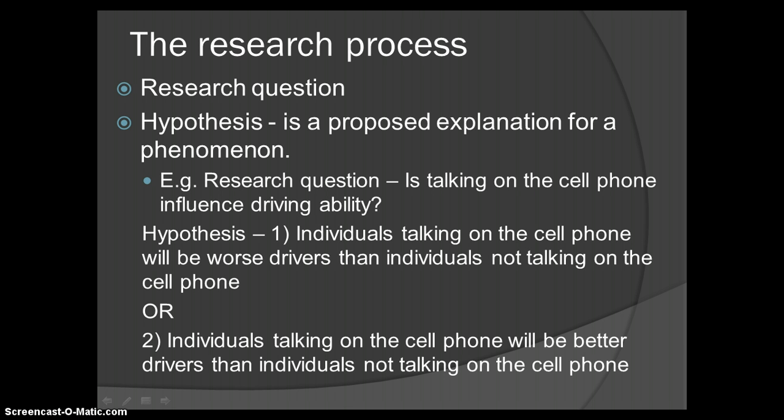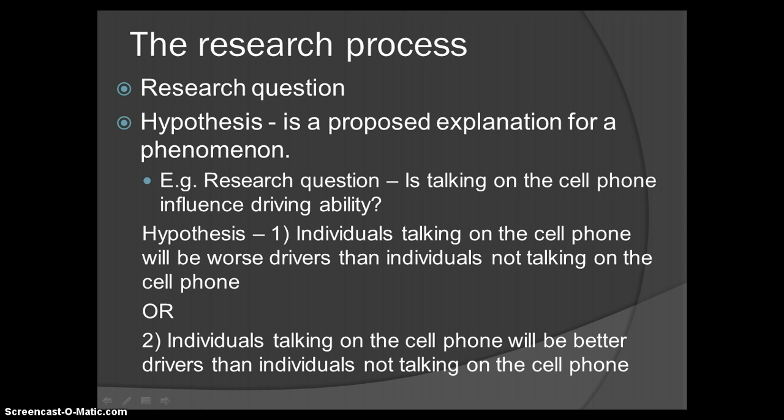And in the big picture, when looking at the research process, there are several components. There is a research question, and there is the hypothesis, which is a proposed explanation for a phenomenon. So, for example, your research question is, does talking on a cell phone influence driving ability?